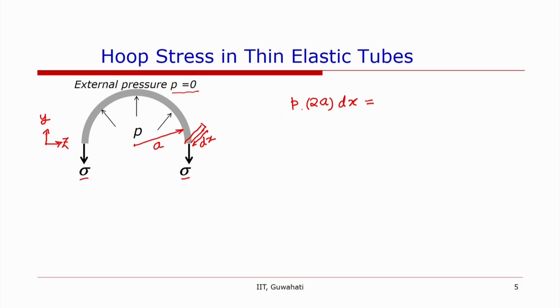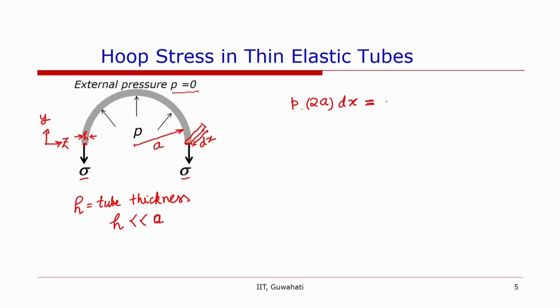Now this force will be balanced by the hoop stress exerted on the tube wall. If we say that H is the thickness, and remember that we have also assumed that the tube is thin, so H is very small compared to A, only under those circumstances will this analysis be valid.